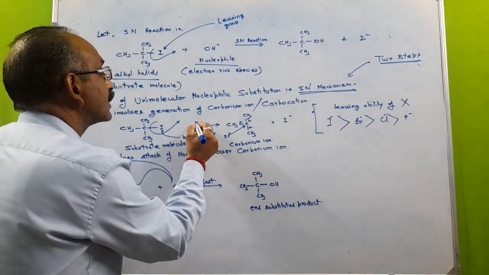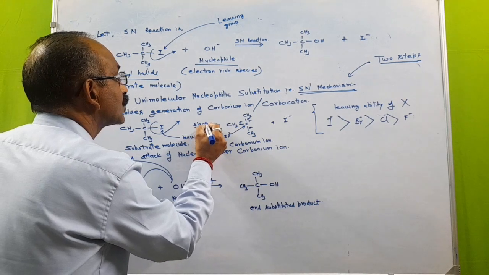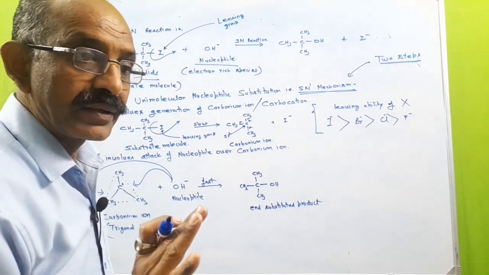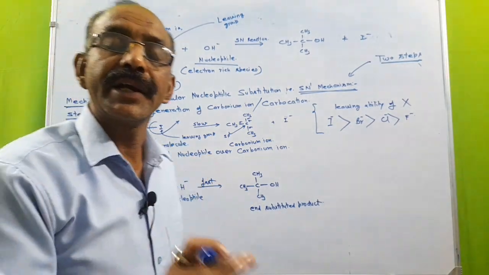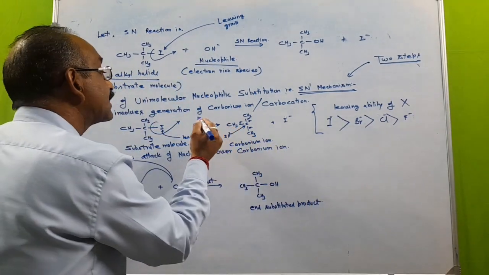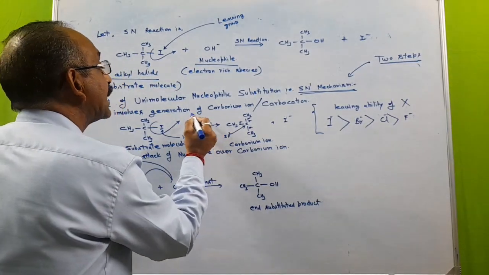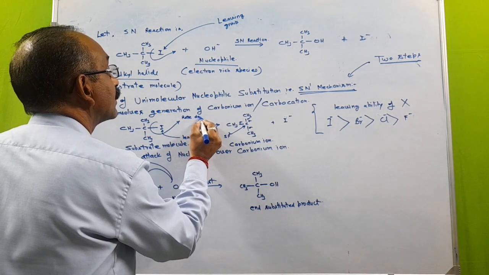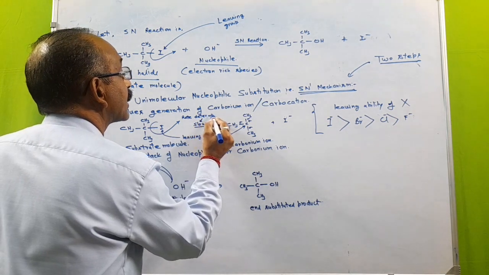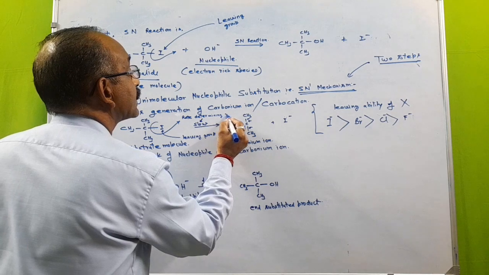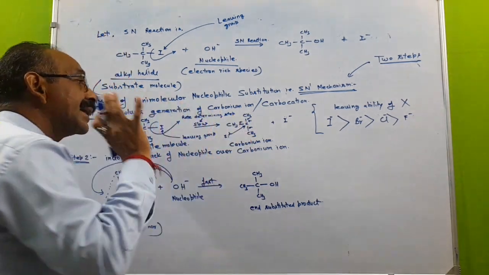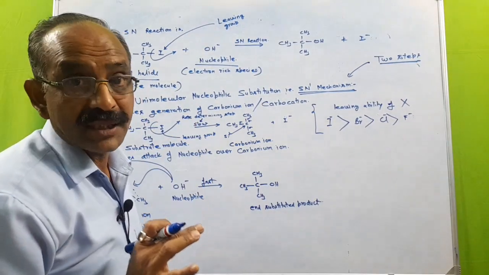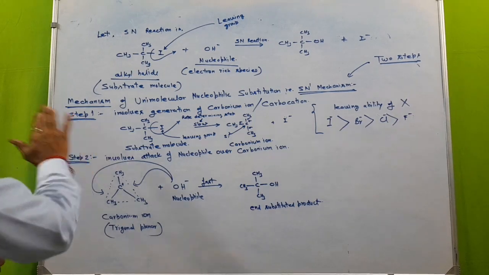So this one is the slower step, and always remember the slower step is the rate determining step. Means the rate of the reaction will be determined with the slowest step, means with the step 1.